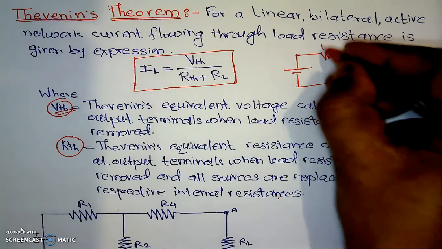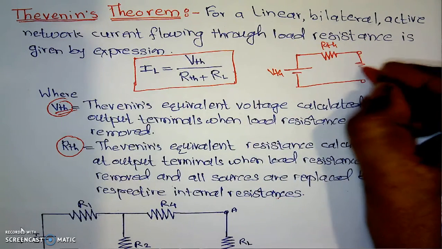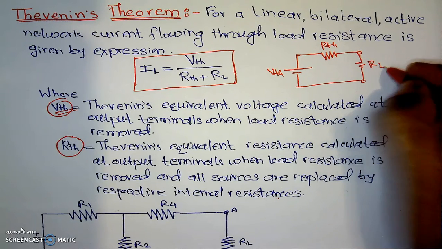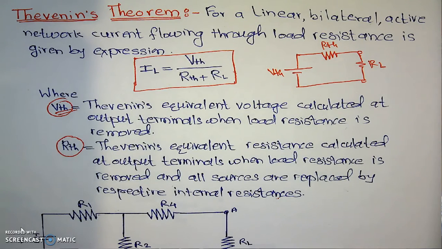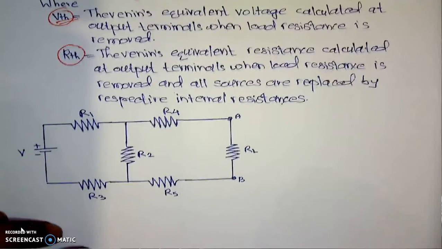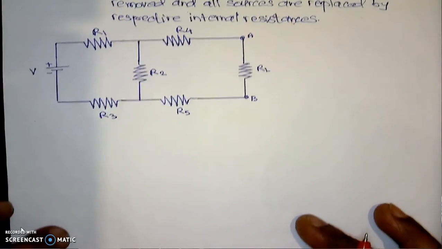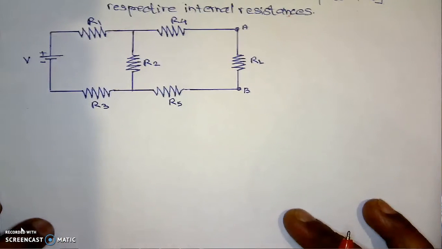This will be the RTH and this will be the VTH, and reconnect the load which was removed in the first step. That will be the final circuit. Now I will take one simple example here to understand the Thevenin's theorem explanation.